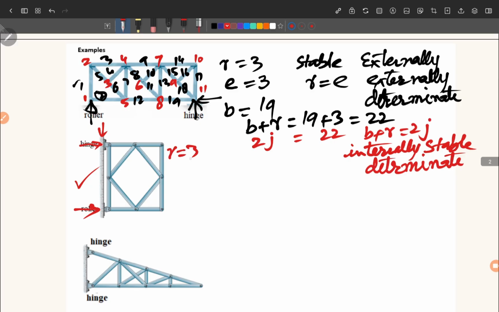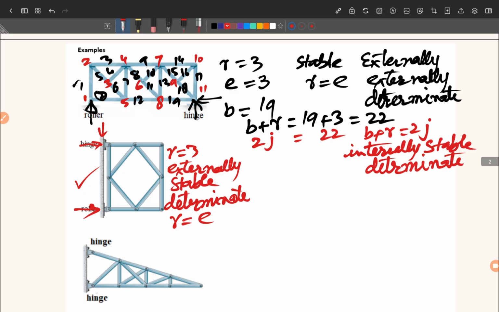So the structure is externally stable and determinate. We can calculate the reactions, which are 3, and we have the equations also equal to 3, right? Because R equals the number of equations; for the truss, 3 equations are available.